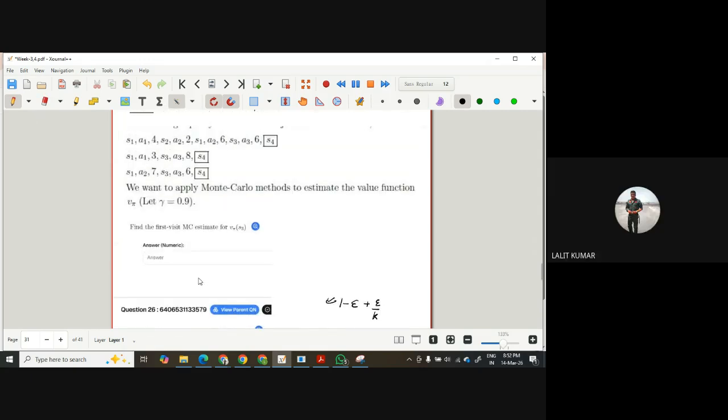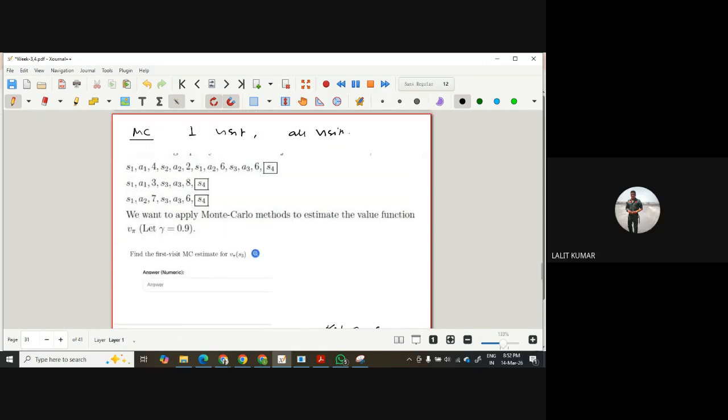Now Monte Carlo: what happens in the first visit and second visit? For example, it asks for the first visit MC estimate for V pi S3. See, V pi S3 here in T1, it will become 6. This is gamma 0.9 into 0, so it is 6.